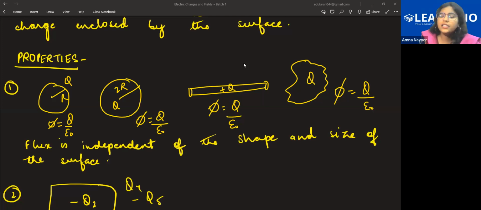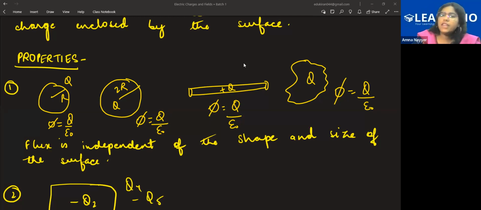This means even if I change the shape, if the charge enclosed is the same, my flux will come the same. So flux is independent of the shape and size of the surface. We can see this, right? Because there is no radius involved, there is no volume involved, there is no surface area involved, correct? So electric flux is independent of the shape and size of the surface. This is the first point that we have.